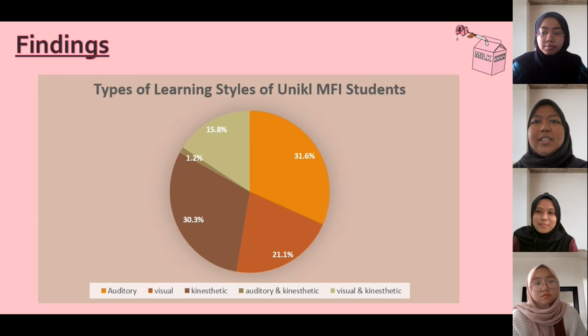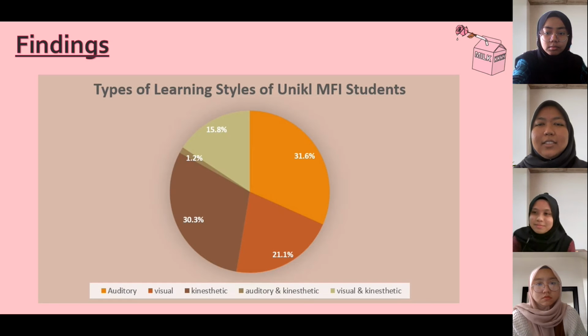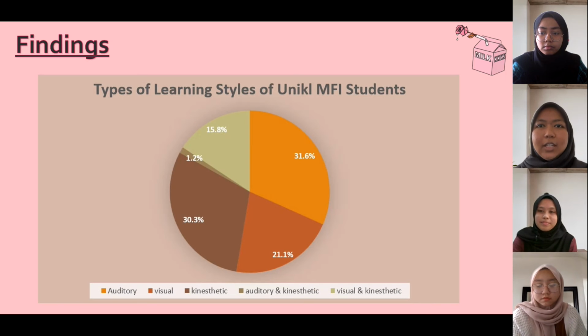Alright, next I will present the findings from this academic writing assignment. This is the pie chart showing the final result from the survey that we conducted on 76 UniKL MFI students. As shown in the pie chart, we can see that the auditory learning style has the highest percentage compared to the others at 31.6%, followed by kinesthetic learning style at 30.3%, and lastly, visual learning style with 21.1%.